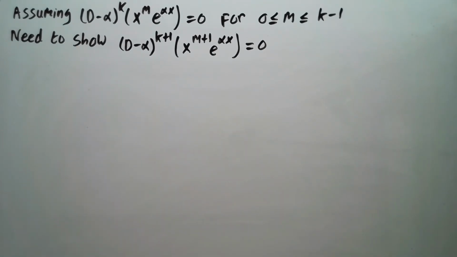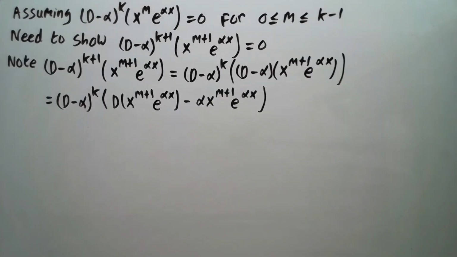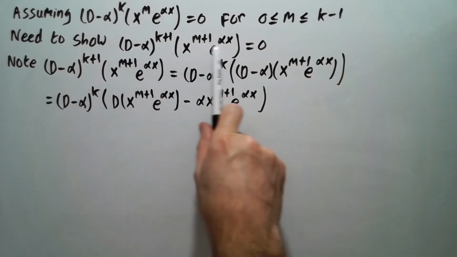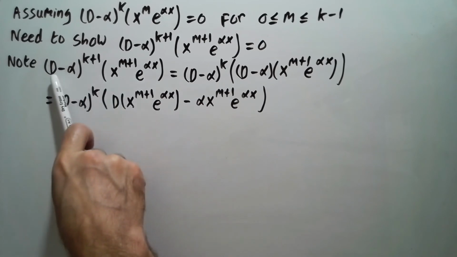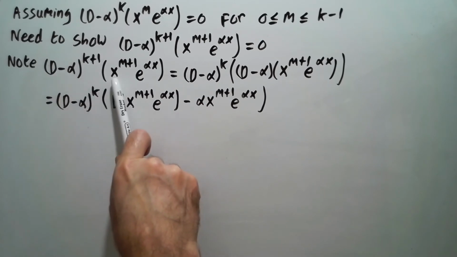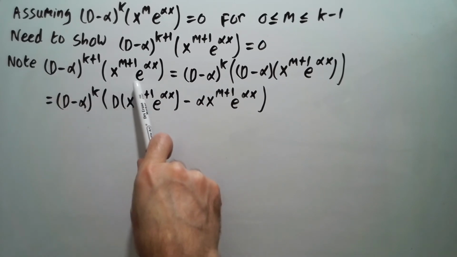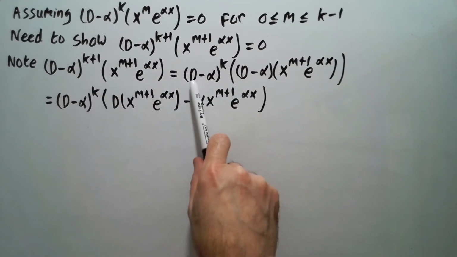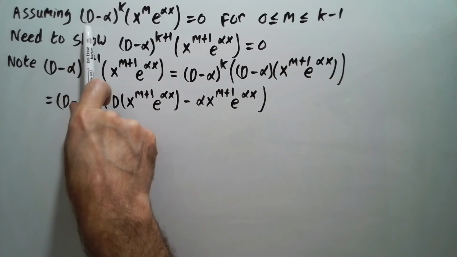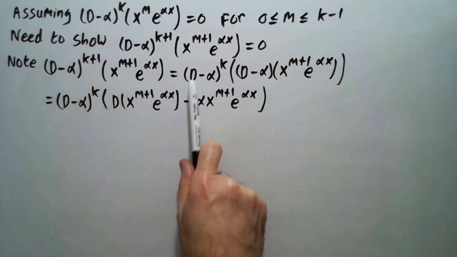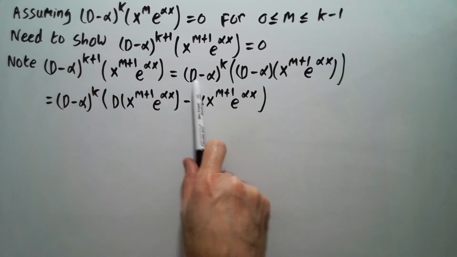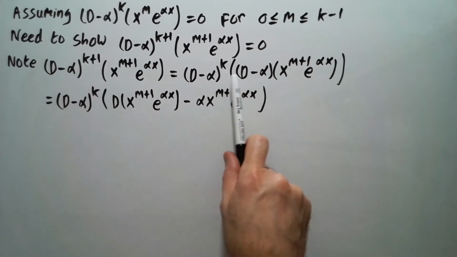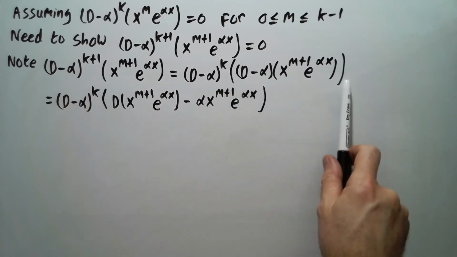Okay, so let's start doing that. So we need to show this guy is 0, so let's start working on it. So d minus alpha to the k plus 1 applied to x to the m plus 1 e to the alpha x. I can break this up, so I want to use my assumption up here. The assumption has a d minus alpha to the k, so I'm just basically taking 1 away from that, and I'll put my d minus alpha inside here.